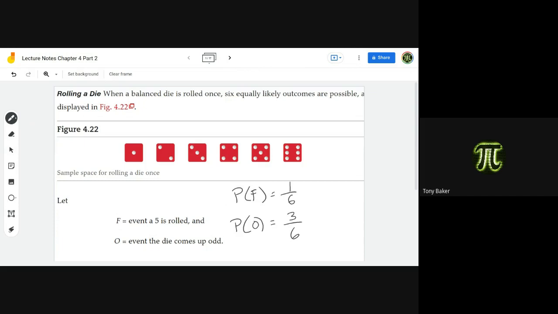It's 1 out of 3, right? Okay. So that's known as conditional probability. It's the probability of F given O, and this one's going to be 1 out of 3. So if you know the dice came up odd, that's the condition.